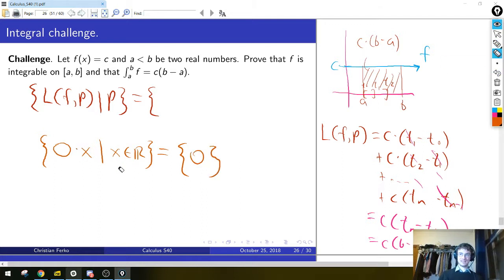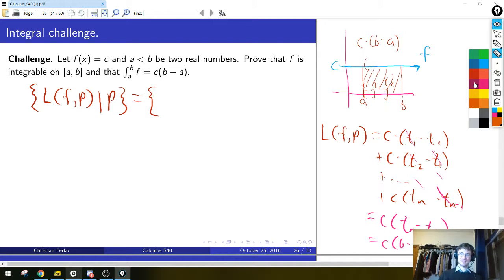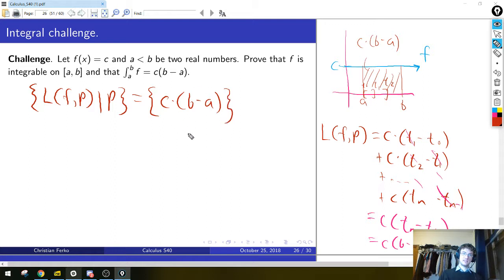Points do not count multiplicity. So it's going to be C times (b minus a), or Cb minus Ca, however you want to word it. This is the single element set which consists of the single real number C times (b minus a).